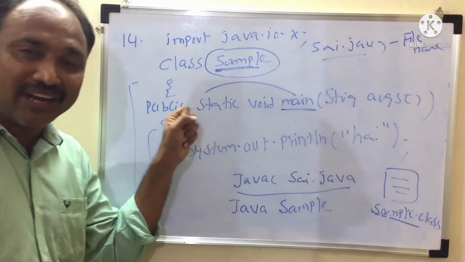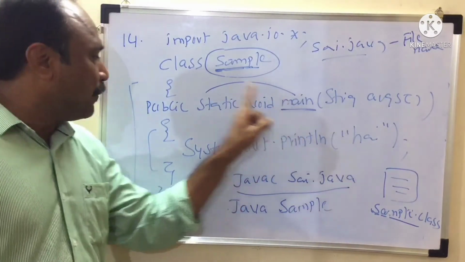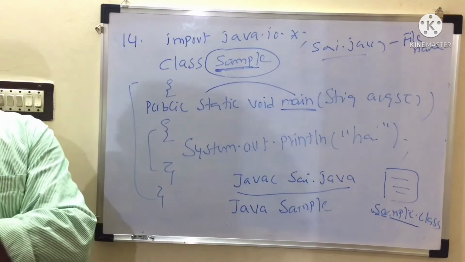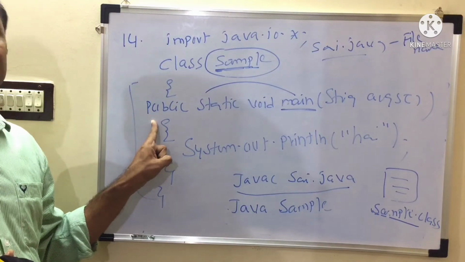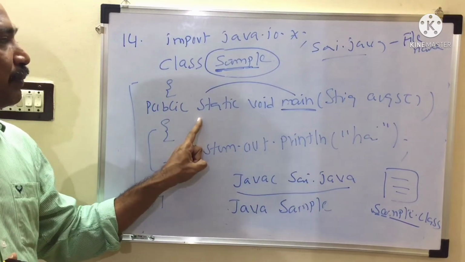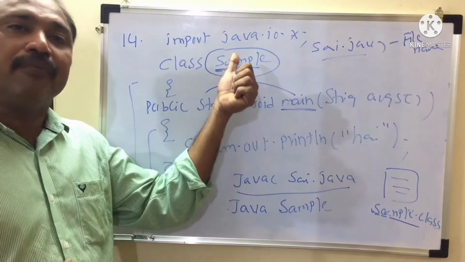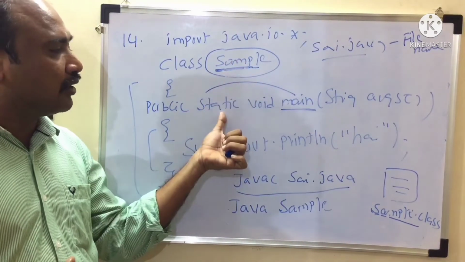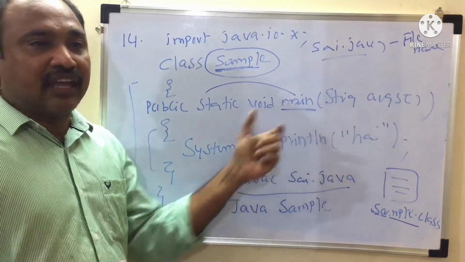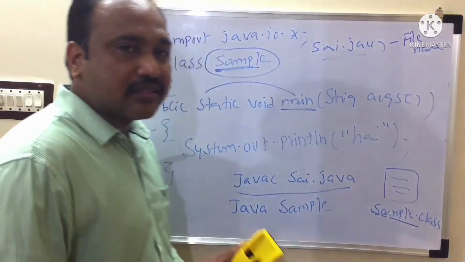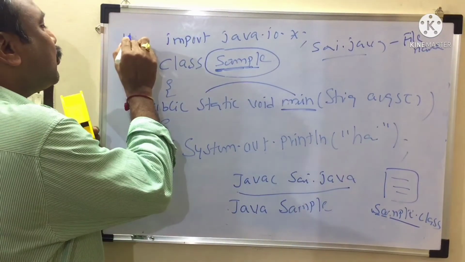That's why we have to write static main. Public means we are running the program from the command prompt. If my main is public only, then we can access it. Static means we can access it without using an object. Void main means it is not returning any value. These arguments are referred to as command line arguments. This is the 15th question.